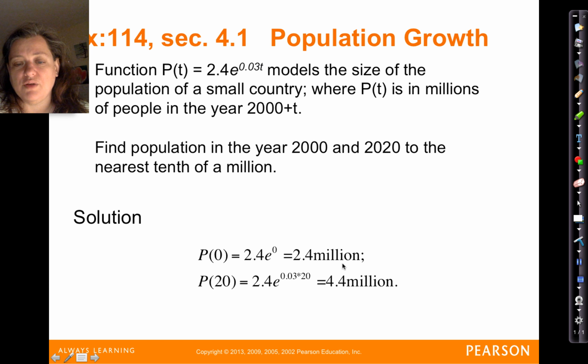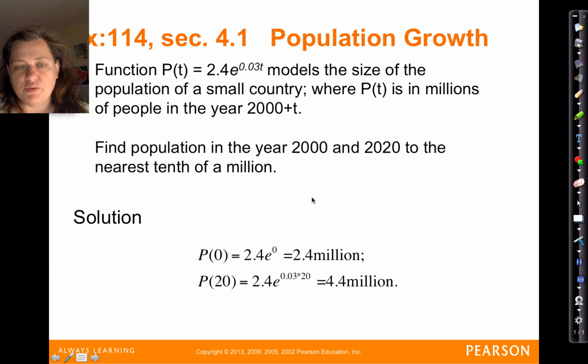I have 2.4 million in the year 2000. That's basically the parameters of the problem. Now, in the year 2020, t is 20. So I just take 20, plug it in here, evaluate, and what do I get? You need a calculator for this, but it's about 4.4 million.